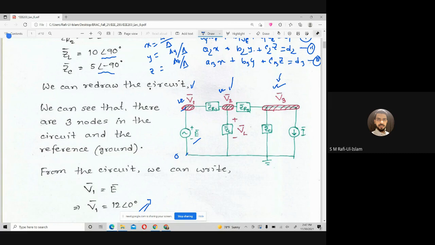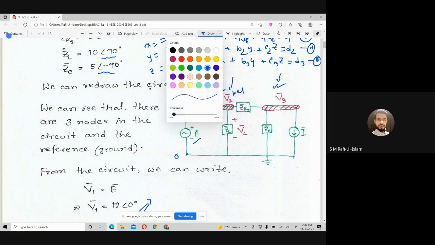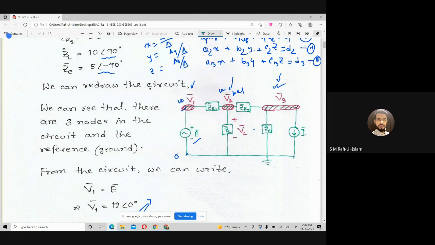But the thing is very simple. If we apply KCL here, then what will we see? Let's say the leaving currents are positive, so the incoming current should be negative. We'll see some current passing in this direction, some current in this direction, and some current in this direction.